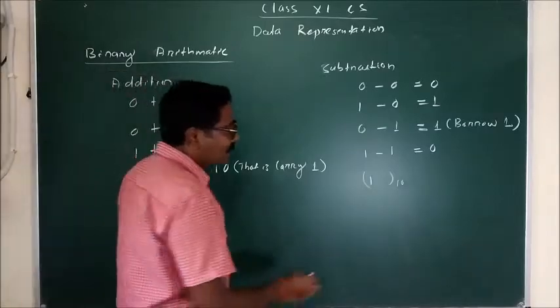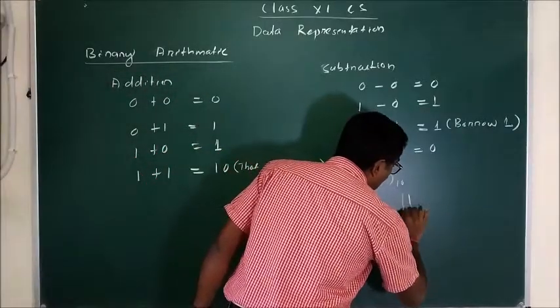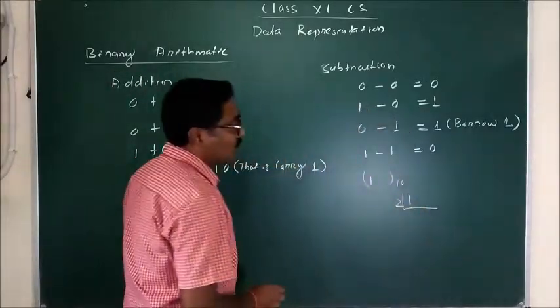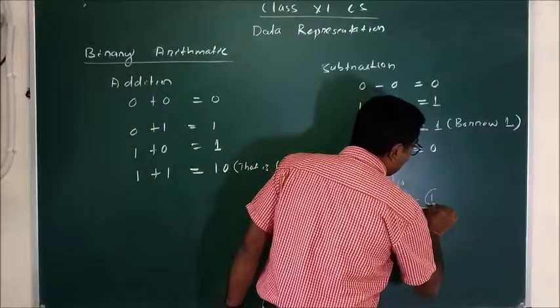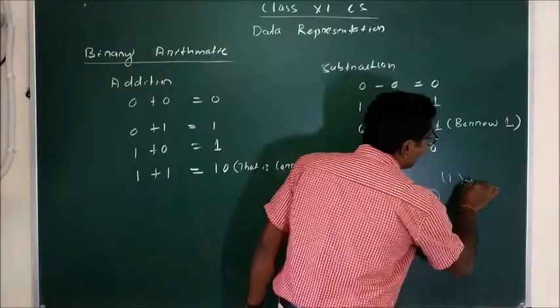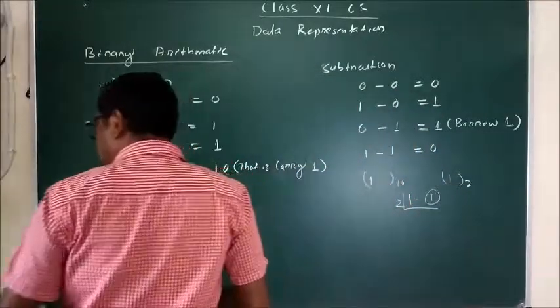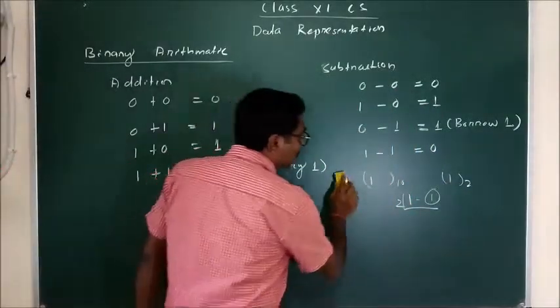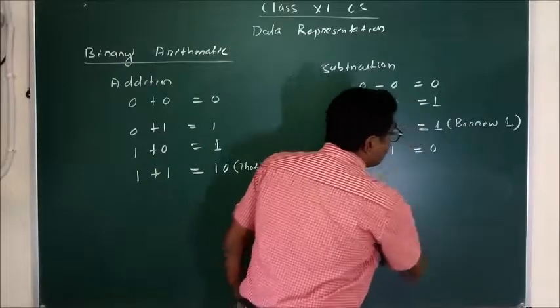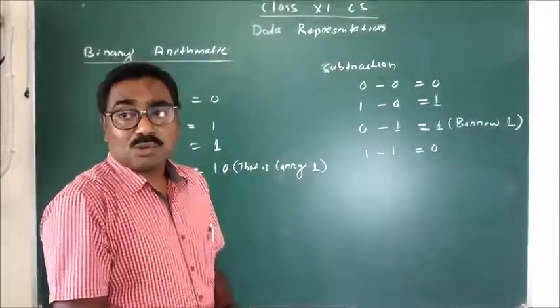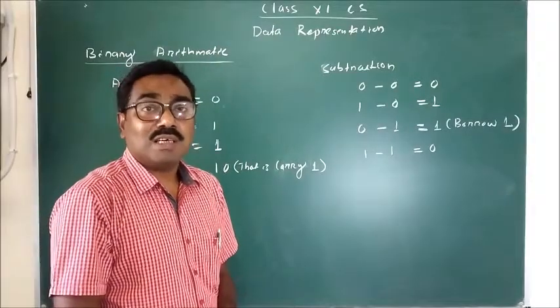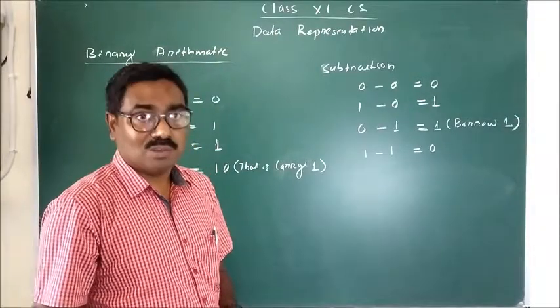Then 1 divided by 2 is not possible, so the remainder itself is 1, so the number is 1 base 2 itself. But the same thing if I am doing with 2. As we know, decimal 1 plus 1 is equal to 2. So binary 1 plus 1 should be binary 2.